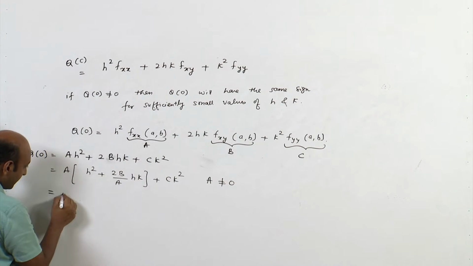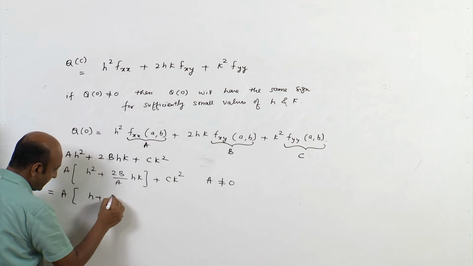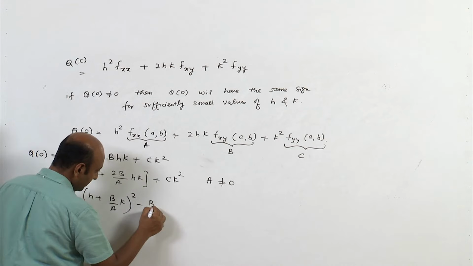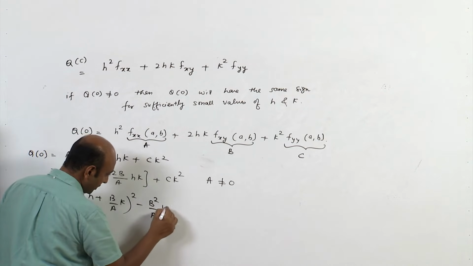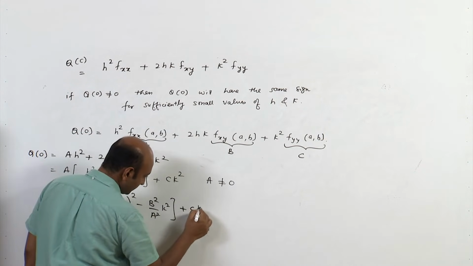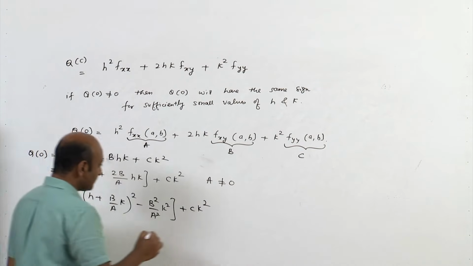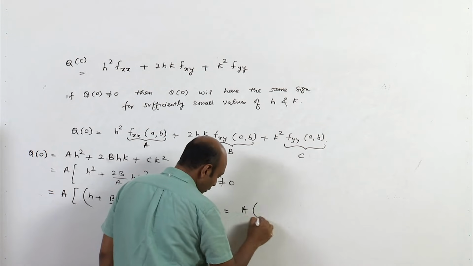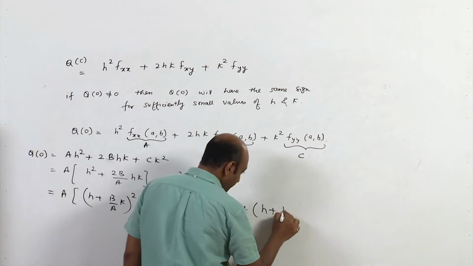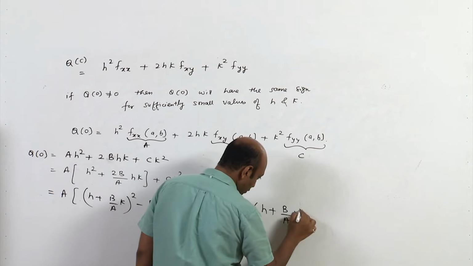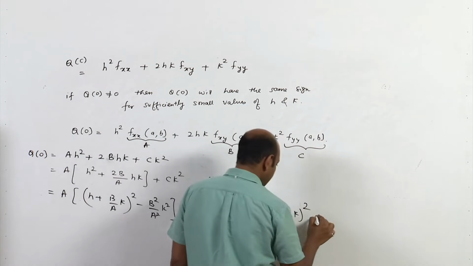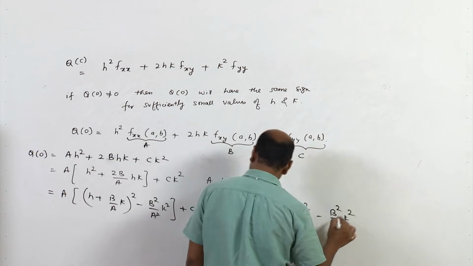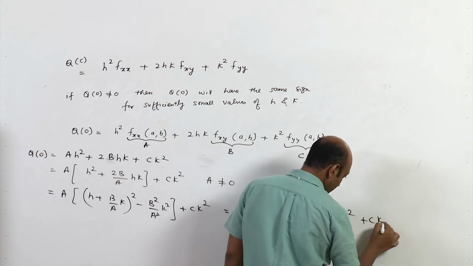So, this implies A(h + (b/A)k)² − (b²/A²)k² + ck², which is further equal to A times (h + (b/A)k)² − (b²/A)k² + ck².